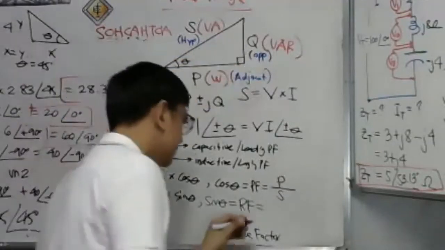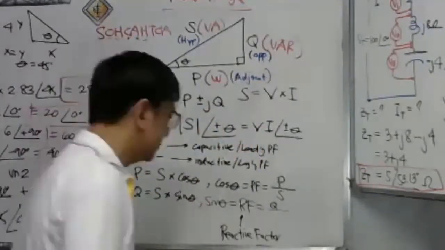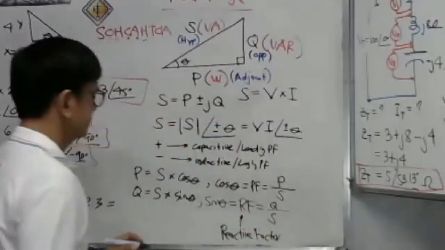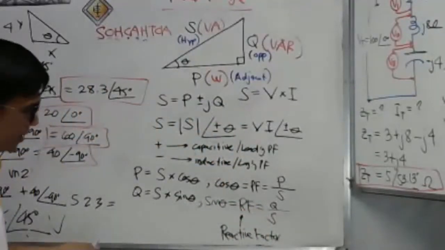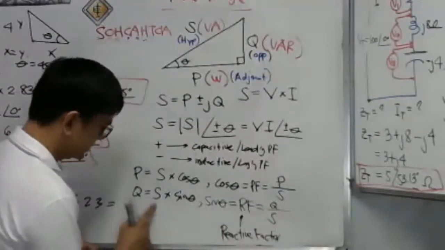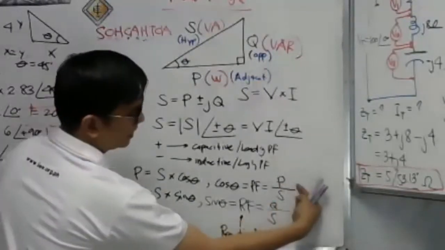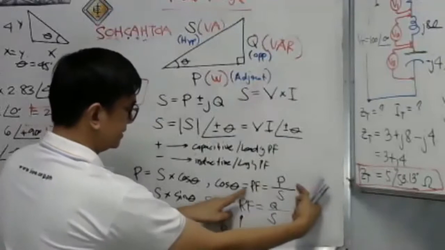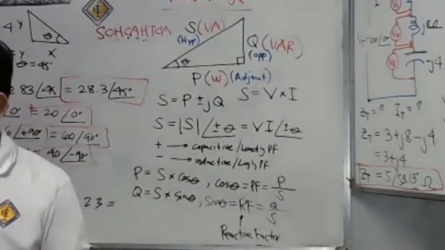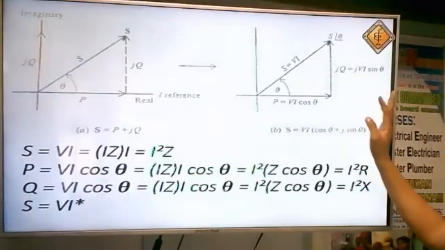We have here Q. Q over S, the hypotenuse is S. That is why if you are to get your Q, that will just become S sine theta. You go back here. If you are to get your P, cross multiply this S, that is simply S cosine theta. And then there are some formulas here.